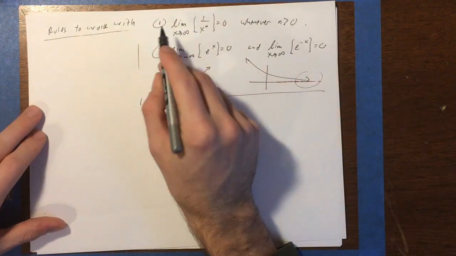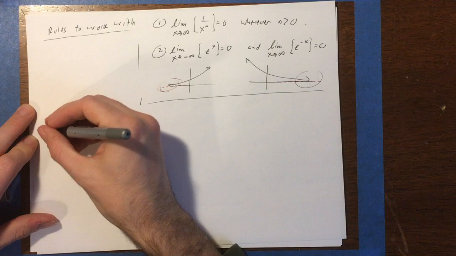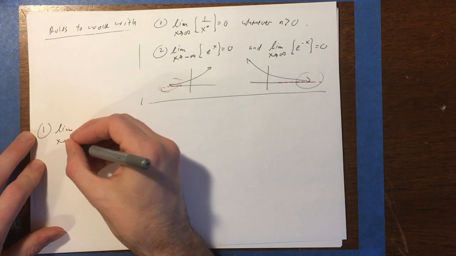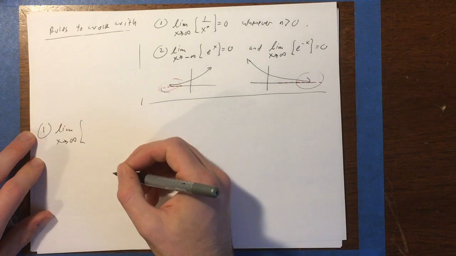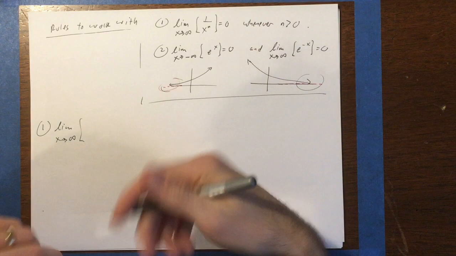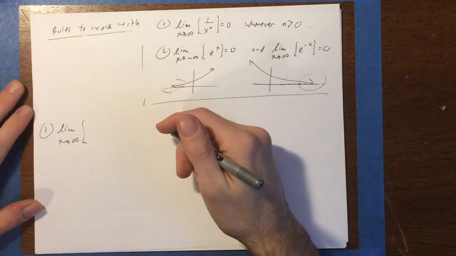For the first example, we're going to use rule number 1. So the first example we're going to look at is the limit as x approaches infinity of a rational function. Now I'm going to throw out a rational function, and I'm going to do several examples of rational functions.